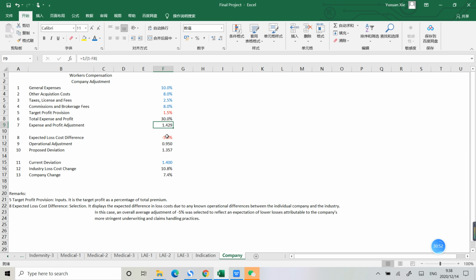In this case, an overall average adjustment of minus 5% was selected to reflect an expectation of lower losses attributable to the company's more stringent underwriting and claims handling practices. The selection is converted into a factor in row 9.